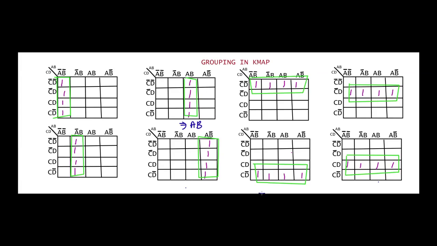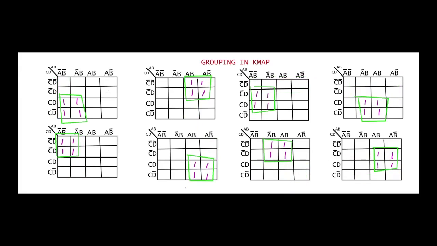For this, the common term will be equal to, for this you don't have any common from this, but in this row you have a common C and D. In this K-map you will be having CD. In this K-map you will be having C bar D. Okay, so these are the different possibilities, and you also have a few more possibilities of 4 ones grouping as a single group.